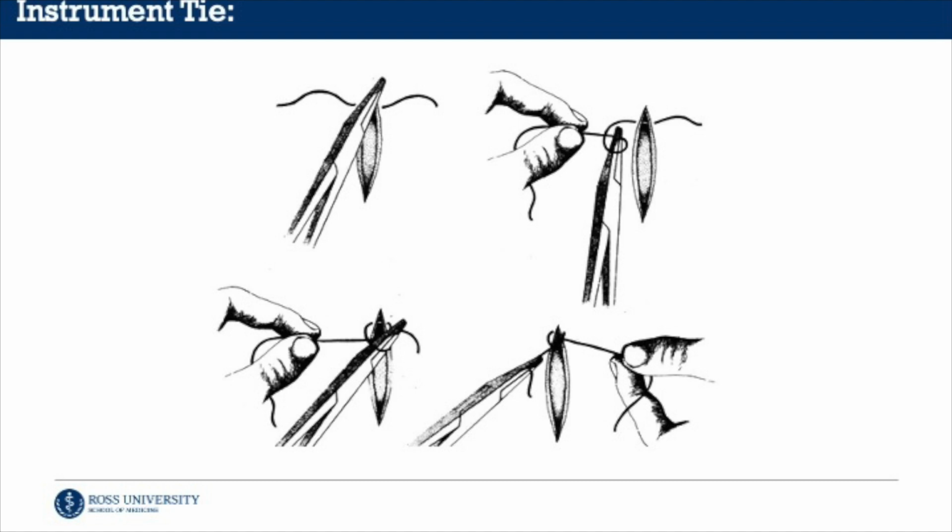bring the needle driver back in between the two suture ends and hold it parallel to the wound. You will now wrap the long end of the suture in the opposite direction that you just did, over the needle driver just once to create the loop. Then, as before, open the needle driver to clamp the short end of the suture and pull it through the loop to once again lay it flat on the wound.